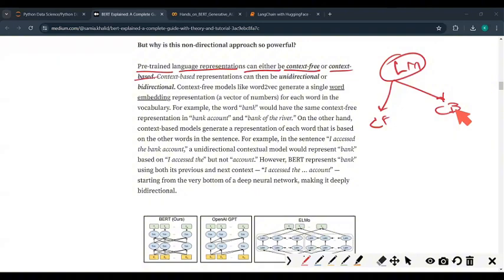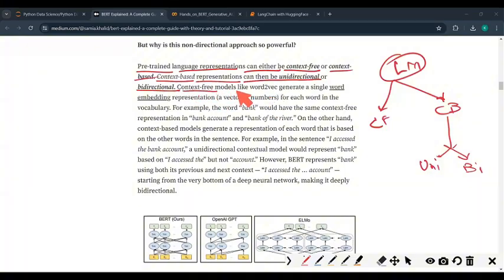Context-based representations can be unidirectional and bidirectional. If I talk about context-based, they can be unidirectional also, and they can be bidirectional also. Some models can be unidirectional, some models can be bidirectional.